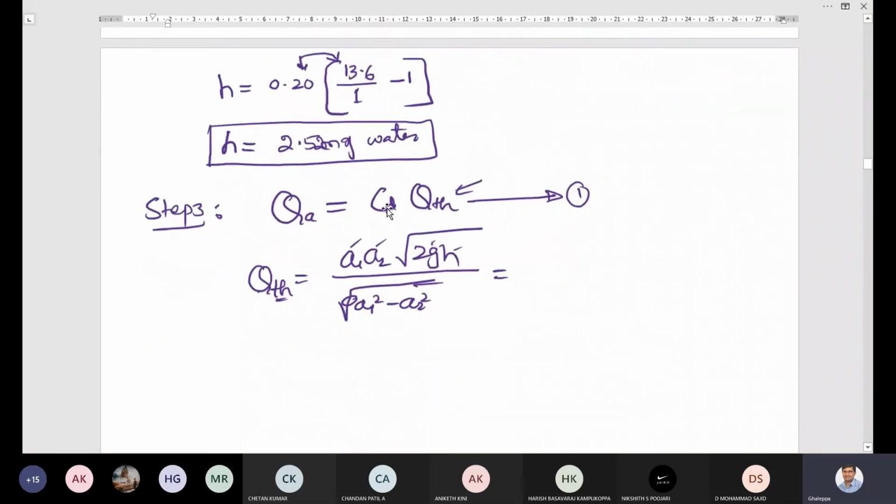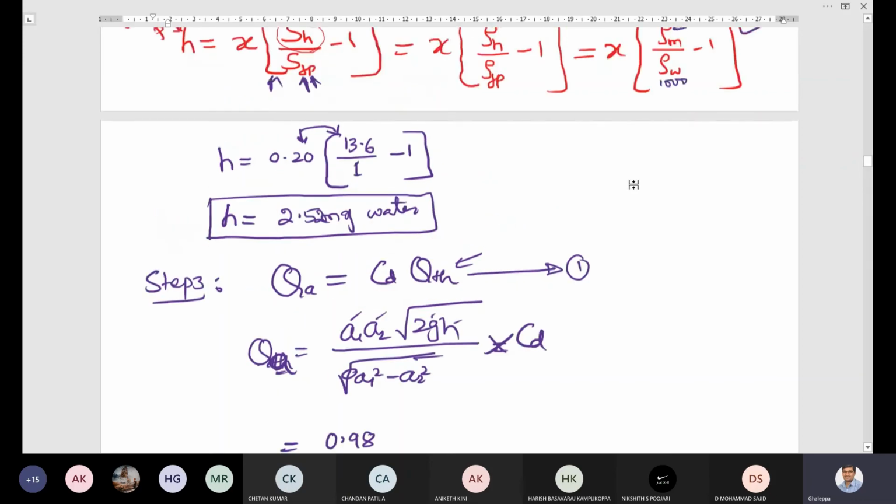On the theoretical discharge, multiply with CD. Directly I will write here only. QA is equal to this multiplied with CD. What is the value of CD? He has given 0.98. We check whether it's the same value.